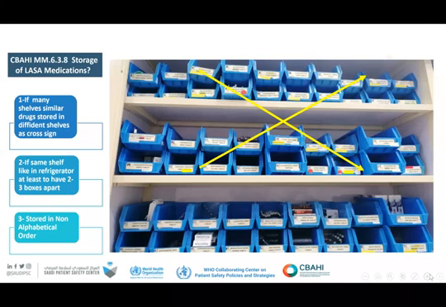Usually if you have 3 shelves and similar look-alike medications, you can separate them across the shelves. So if you have one look-alike at the left upper corner, you can put the other one on the opposite side in the right corner. So this is a cross placement to avoid the error of taking this one instead of the other.